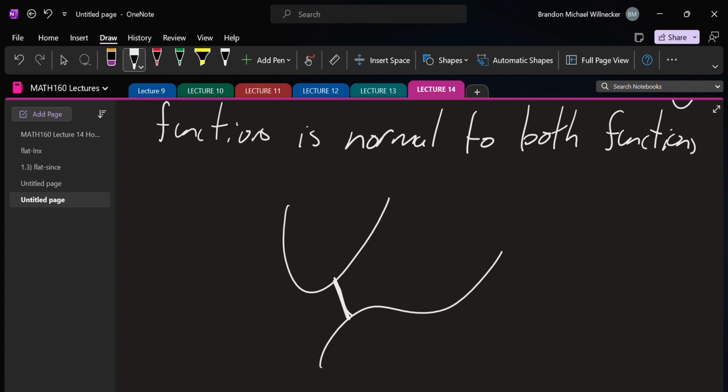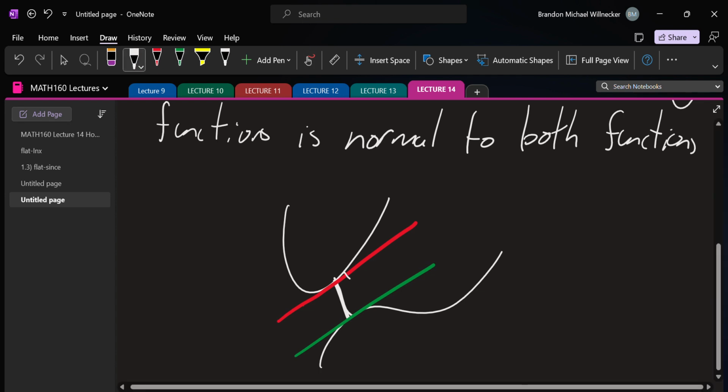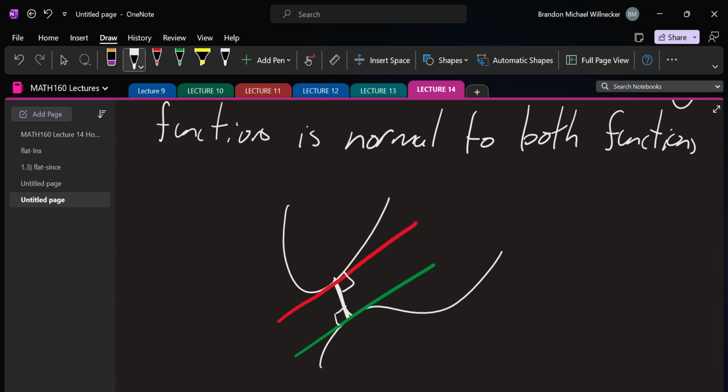We want to show that it's normal to both the functions. So in other words, it's normal to both tangent lines. So we've got this tangent line in red, this tangent line in green. The shortest distance line is normal to both of them. Okay, everyone understand the problem?